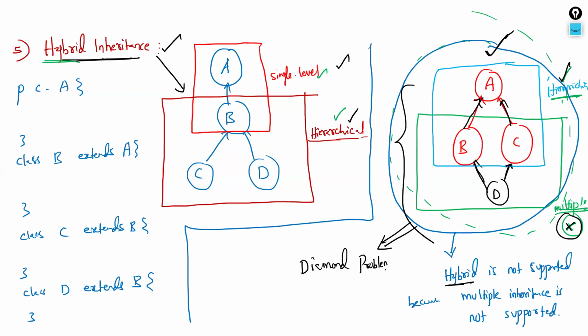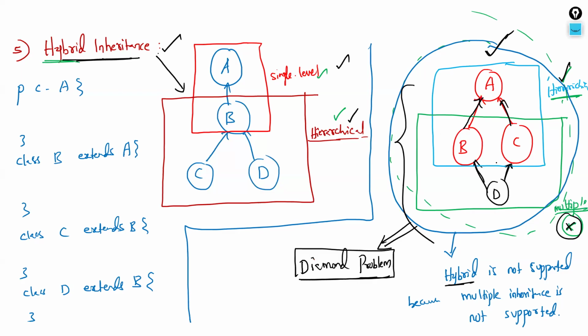Because the hierarchy and multiple combination looks like a diamond symbol, and that is not possible. That's why the general statement is that diamond inheritance is not possible. This is called the diamond problem, where multiple is involved, not possible. Clear? So this is the fifth type.